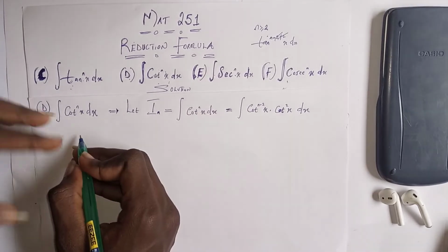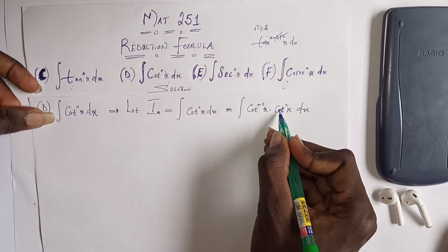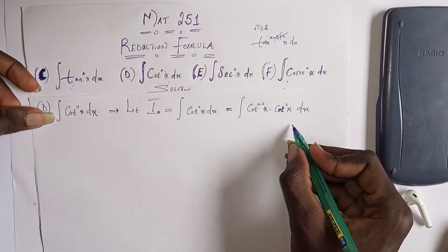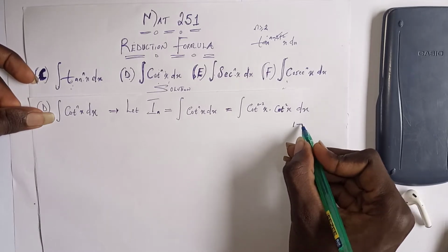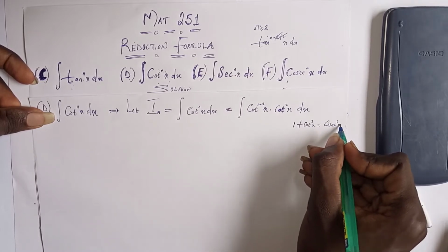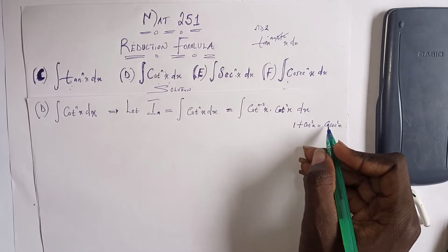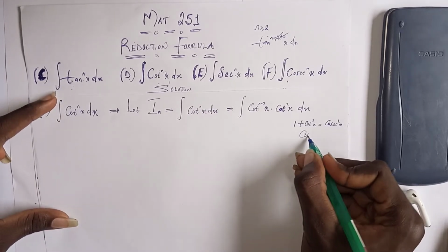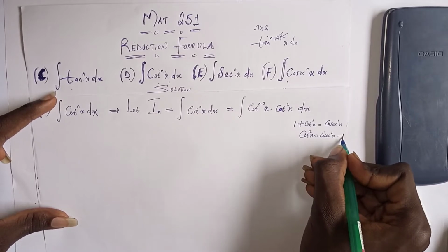Let me just recall you back: from trig identity, 1 plus cot square x gives cosec square x. Hence, by the time we make cot square x the subject of the formula, we end up having cosec square x minus 1.